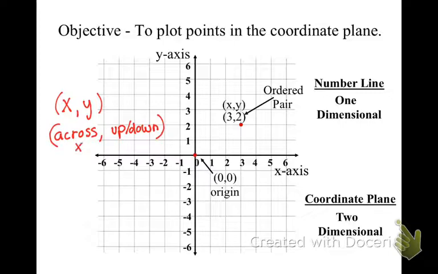So whenever I see that ordered pair, it's telling me where to go on this coordinate plane. Go across 3 and up 2, since it's positive. To the right is positive 3, and then up positive 2.